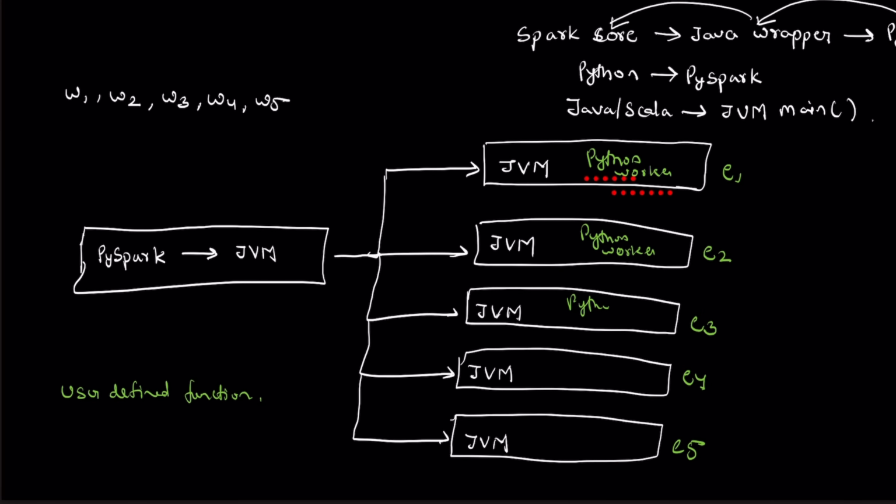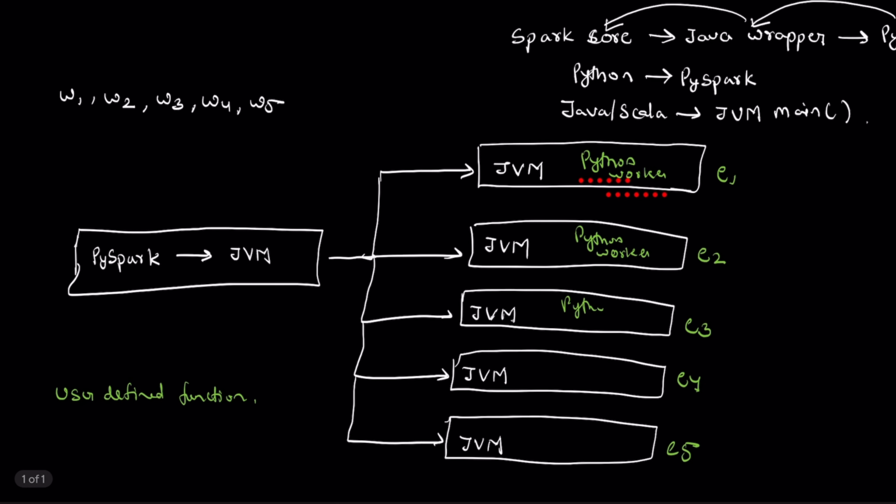Why is our driver node passing a Python worker to each of our executors? Because our code consists of user defined functions, the executors will need a Python runtime environment to execute that code. Hence, it is advised that we shouldn't use user defined functions in our PySpark code.